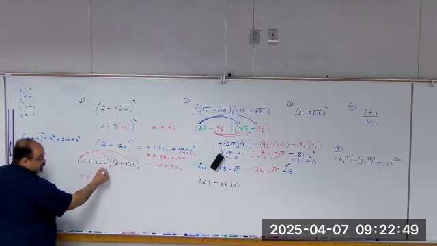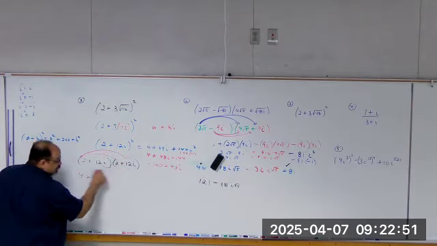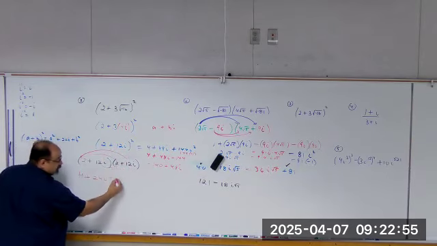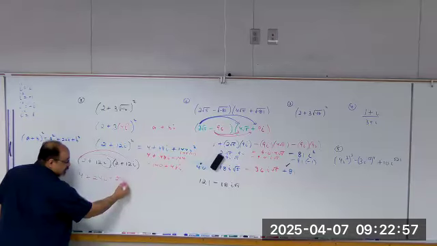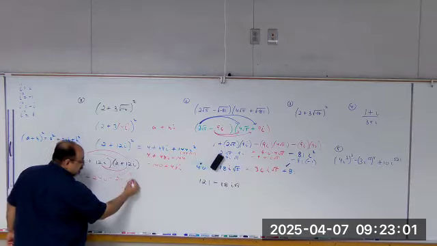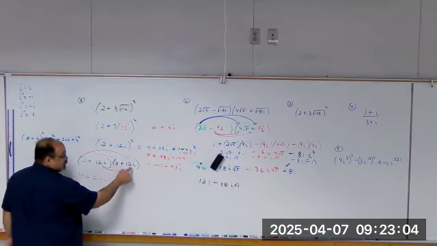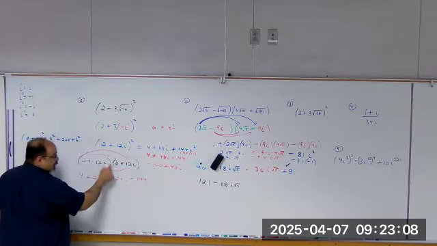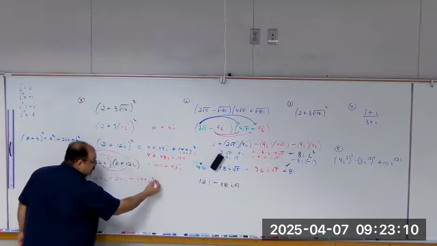Then we distribute the second term, 12i times 2. So positive and a positive is a positive, 12i times 2. That's another 24i. And then a positive times a positive, that's a plus. 12i times 12i. So 12 times 12 is 144. i times i is i squared.